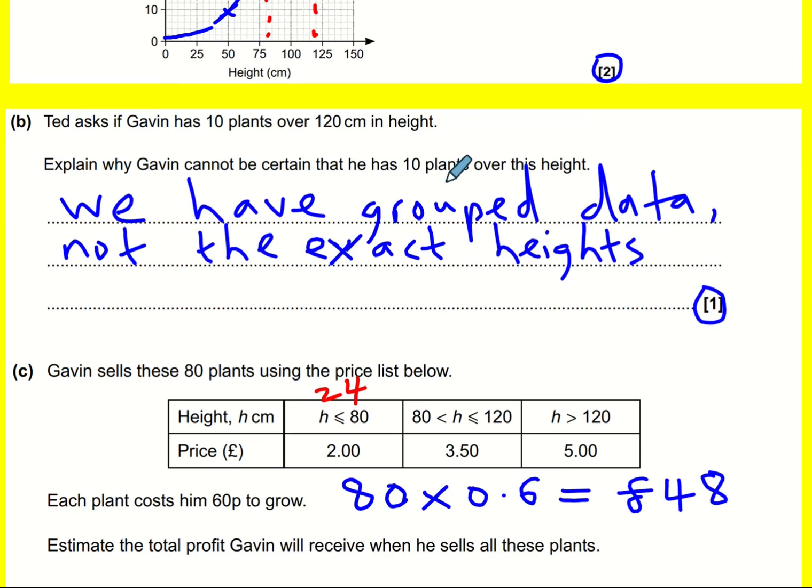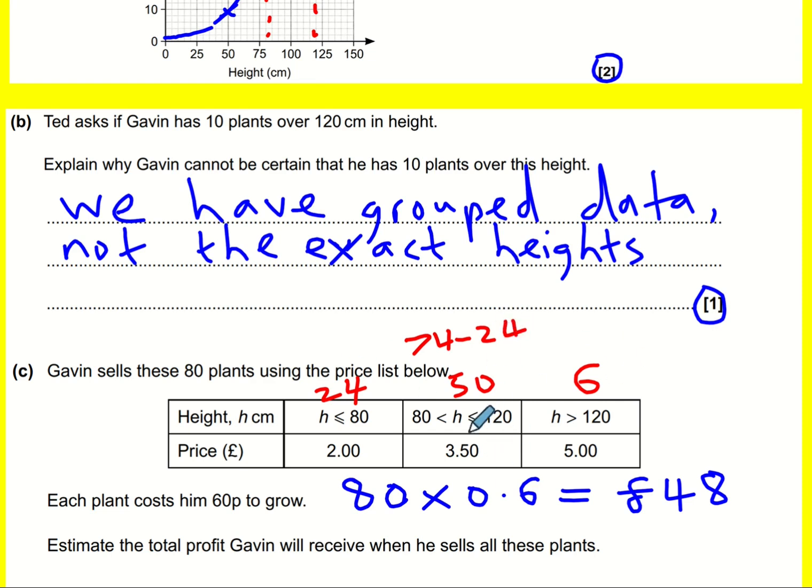But then I need to minus the 24 that were less than or equal to 80, because this 74 is less than or equal to 120. So actually I've got 50. And therefore there's got to be 6 that are greater than 120, because I know that the full amount is equal to 80. I hope that makes sense.